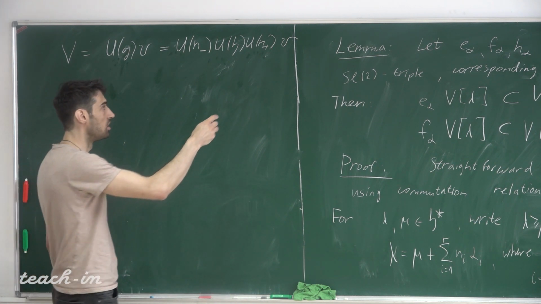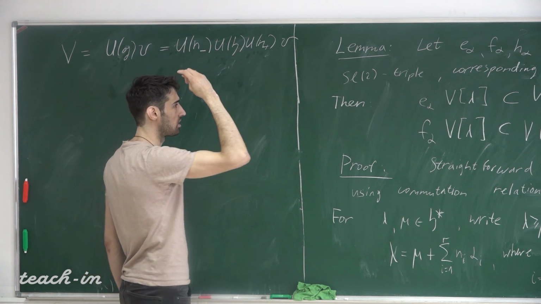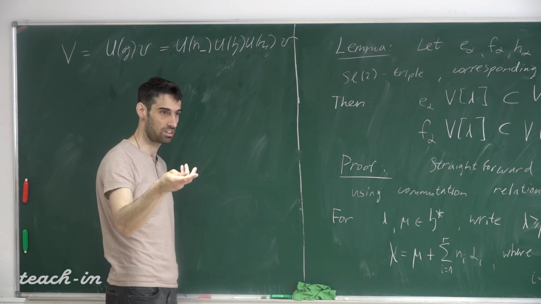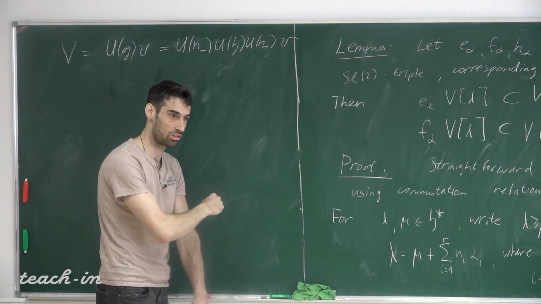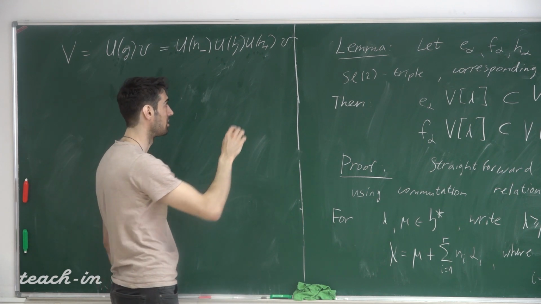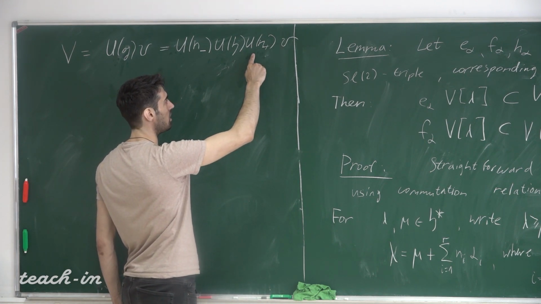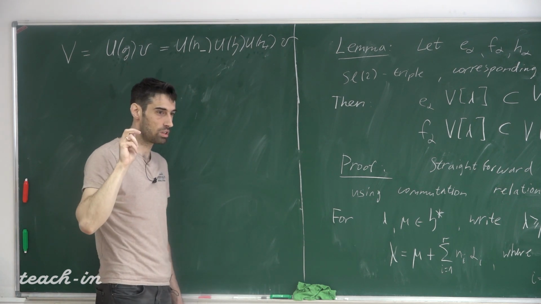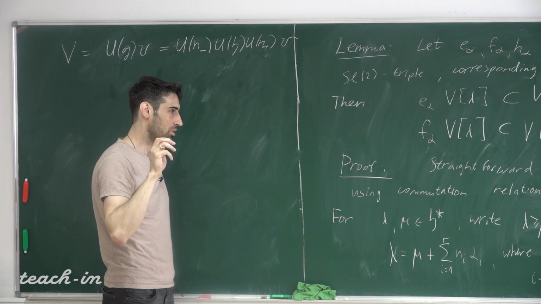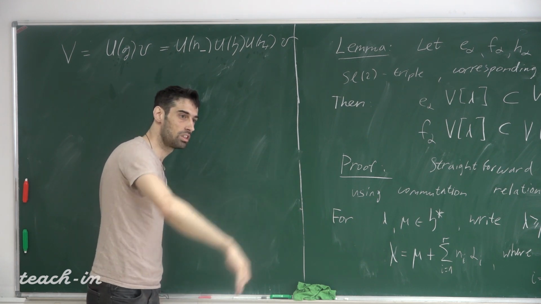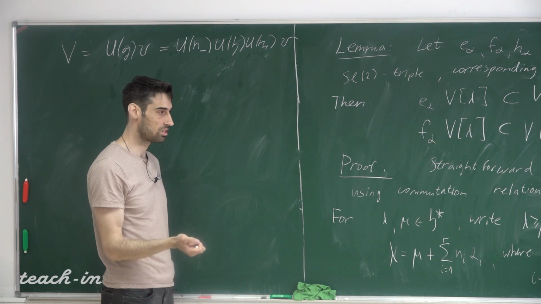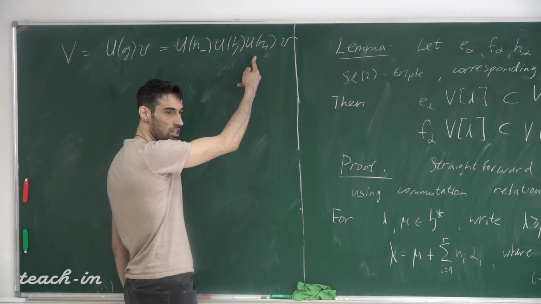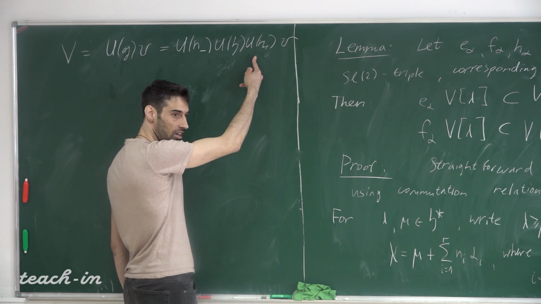So if you just loosely speaking think of it as polynomials in elements of your algebra, of course, it's not exactly that, but what's written here is just U of n plus acting on v. So if in this polynomial you have a non-constant term, then it will kill v, just because v is killed by n plus. So the only thing that I can choose here is just 1.